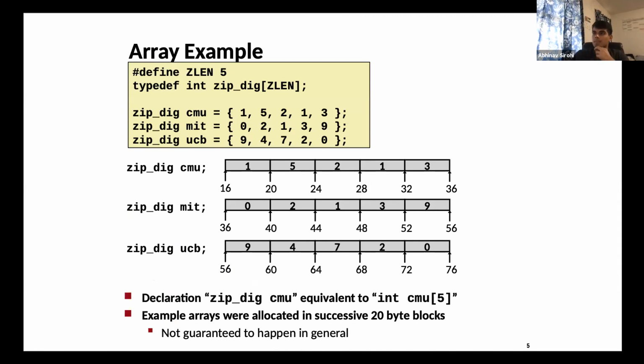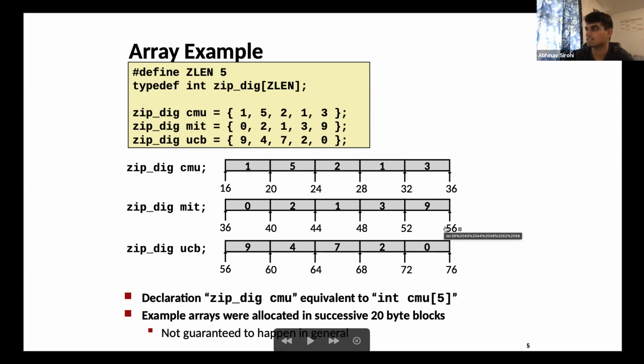And so let's say we create 3 arrays here, right? And so these are 3 arrays. And let's say all of these arrays are contiguously located in memory. So each element is 4 bytes apart because this starts at 16, ends at 36. And then this starts at 36, ends at 56.